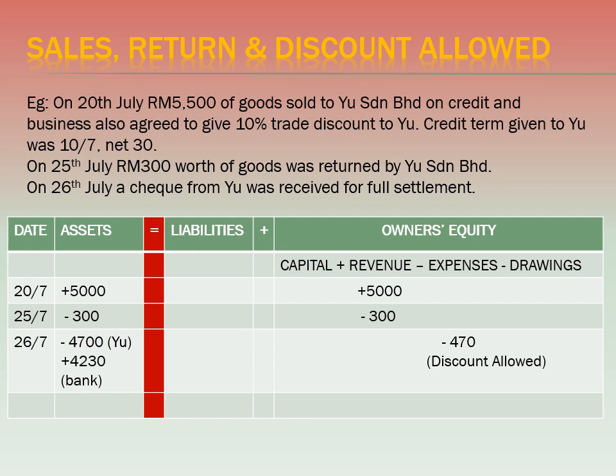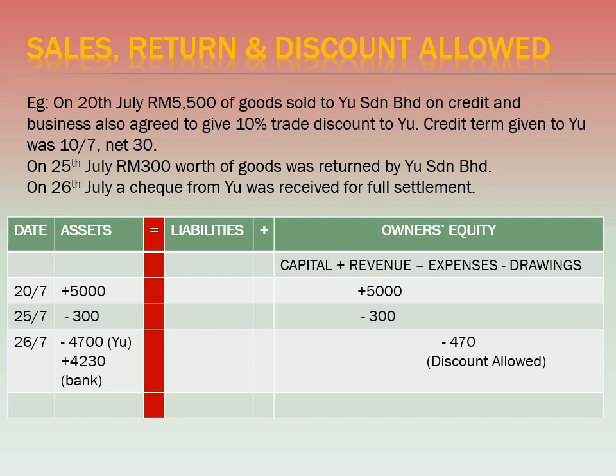So you will reduce 300 ringgit of assets, because the debt of used number hard has been reduced by 300 ringgit. So you minus 300 under the asset column, and you also need to reduce the revenue because the customer already returned the goods that we sold to used number hard. So deduct on the revenue column.